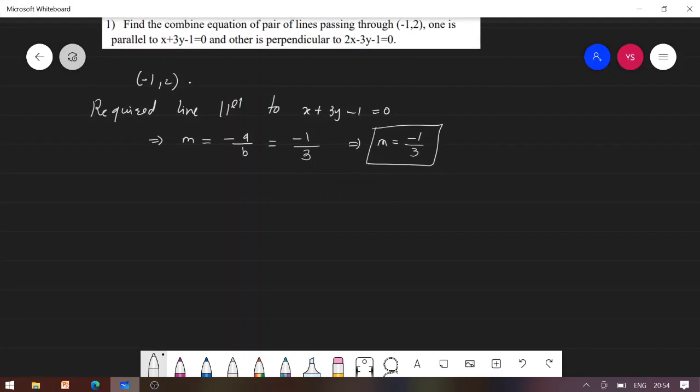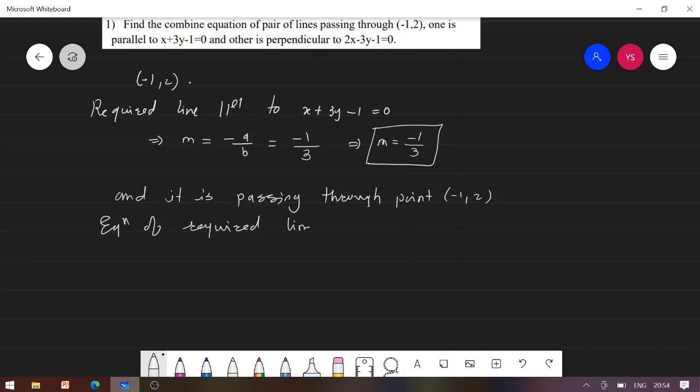Now the required line is passing through the point (-1, 2). So the equation of the required line, as per the slope point form, is y - y1 = m(x - x1), where x1 is -1 and y1 is 2.